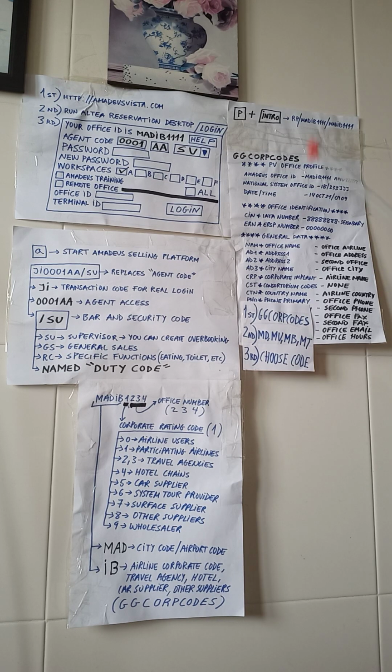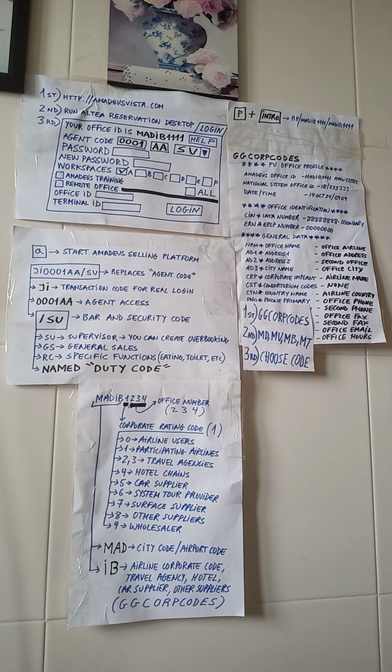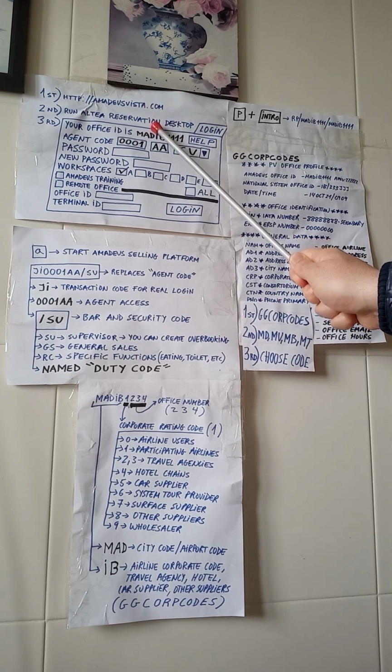You must do P plus intro, P plus enter, and a line with the code written in duplicate, 1, 2, automatically appears on the screen. You can see that it matches the code at the top of the graphical mode screenshot. It matches. This code is the same. Okay.